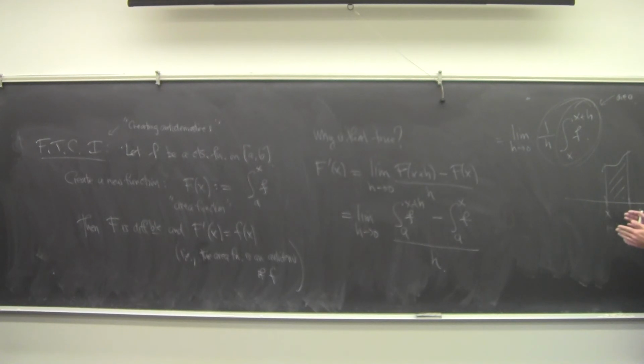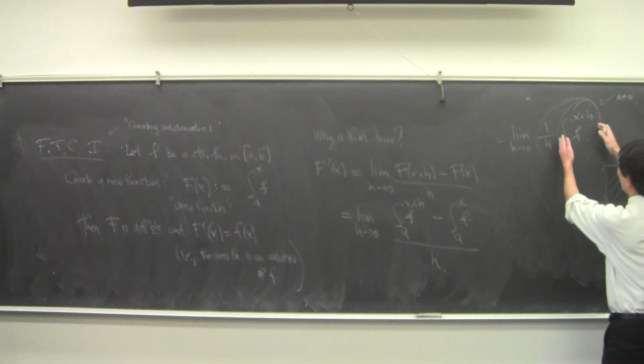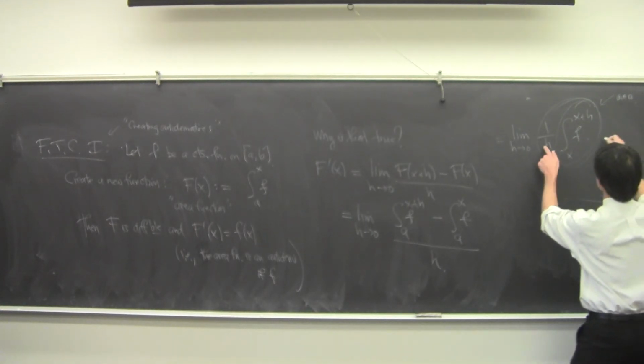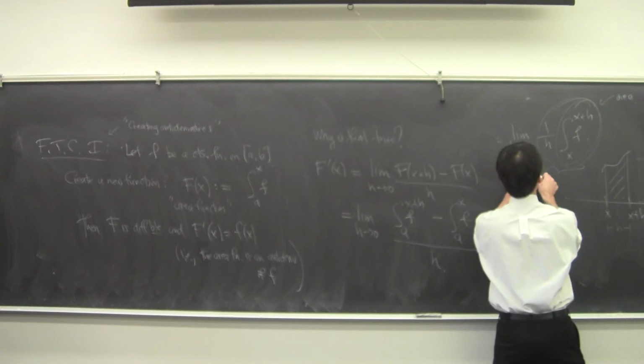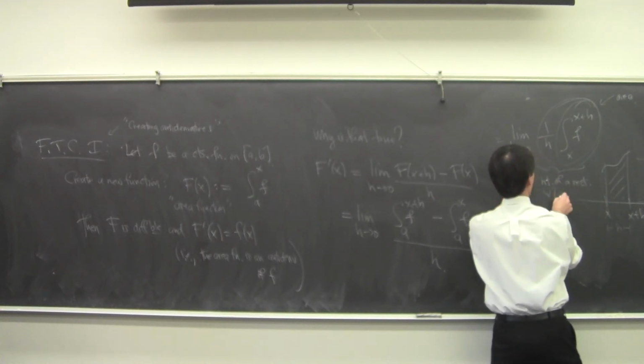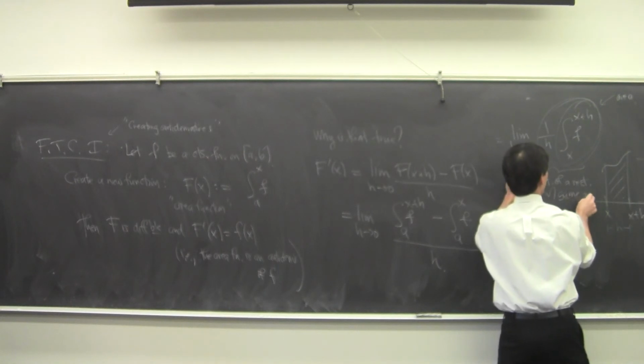What do you get? The height, yeah. You get the height of a box with the same area. So take the whole area, divide by this. This thing here is the height of a rectangle with the same area.